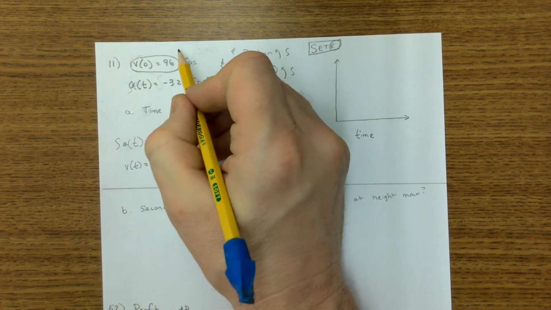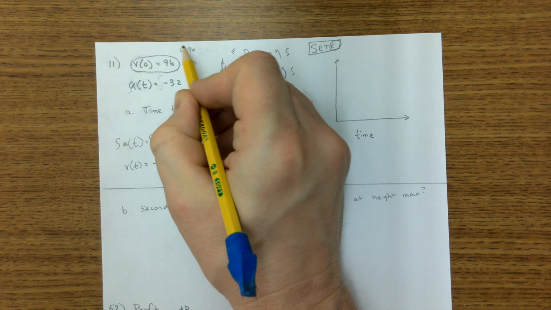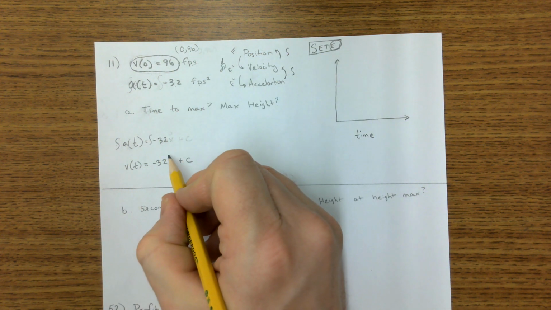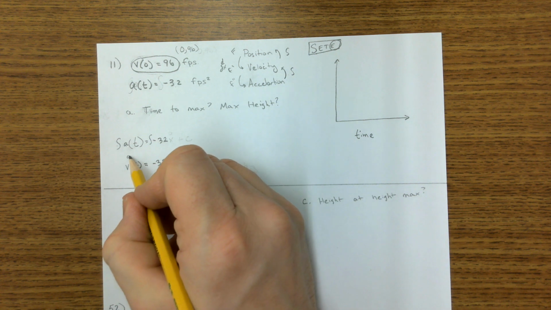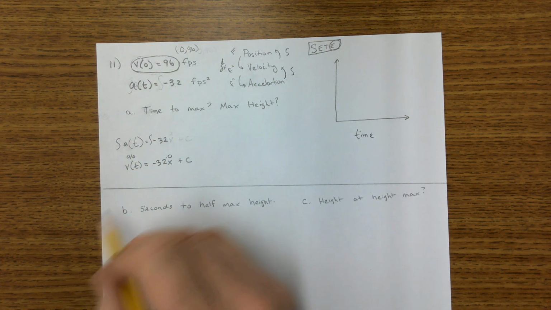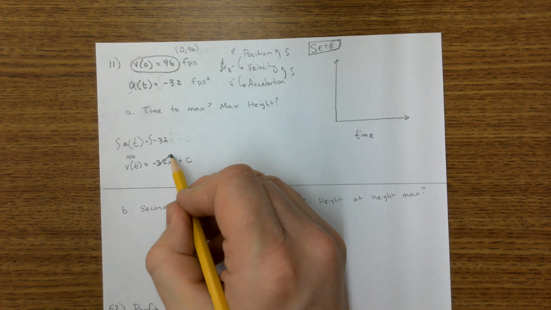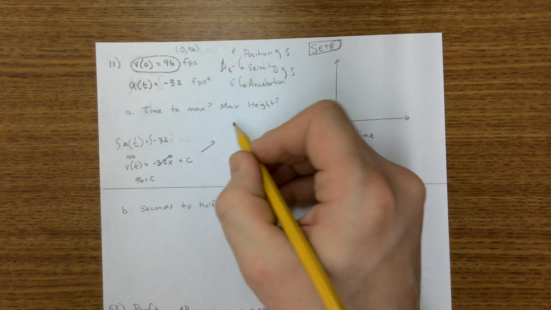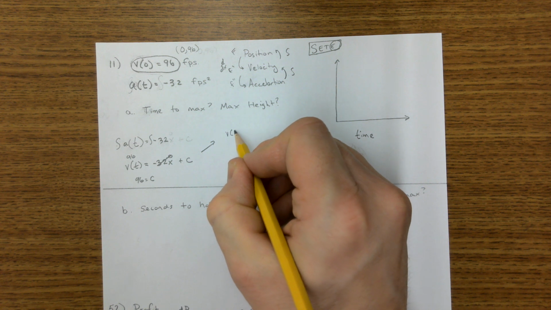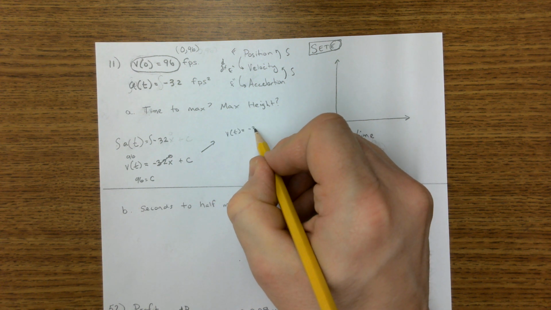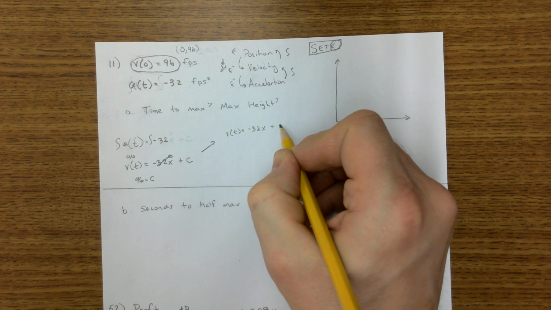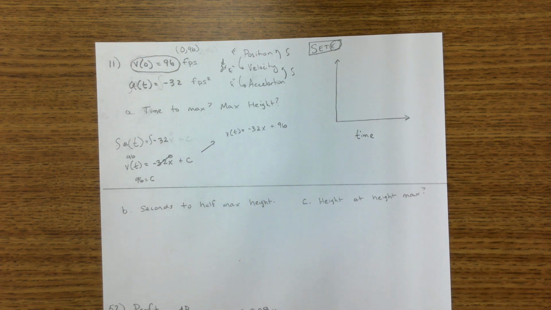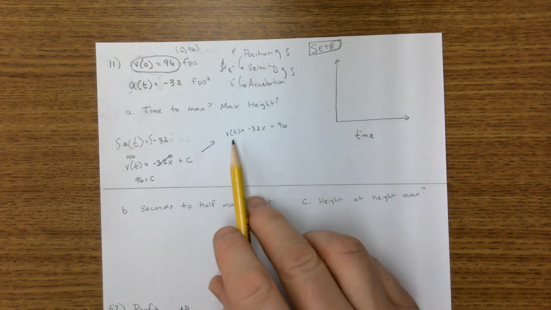This tells me that at time 0, the output is 96. Solve this equation for c. Well, that's 0. 96 is c. Can't get any easier than that. So my equation is the velocity is negative 32x plus 96. And that's awesome.